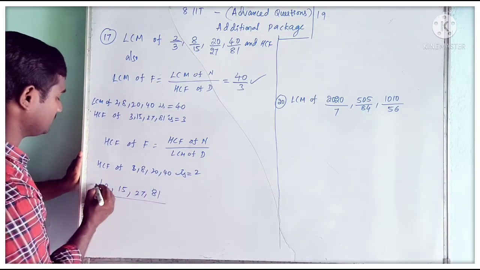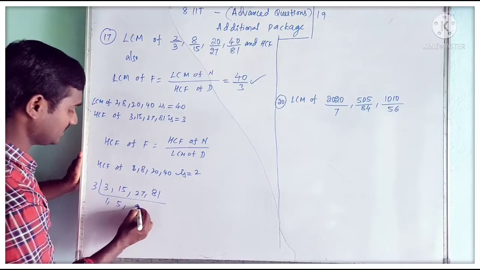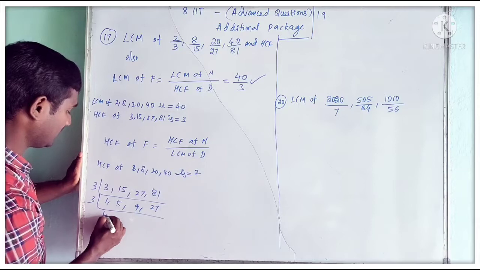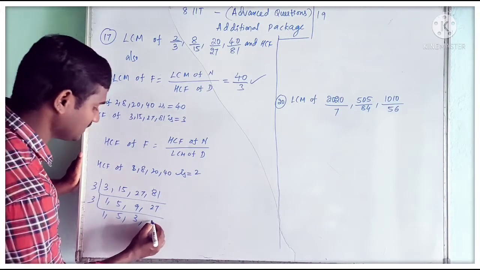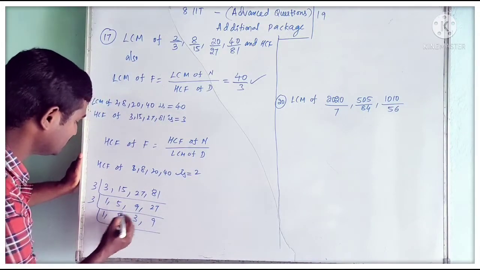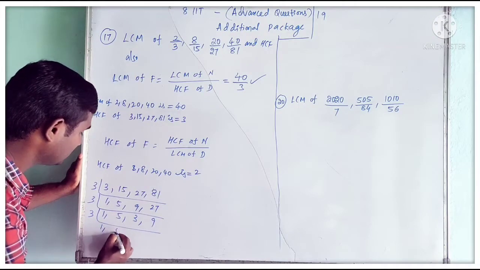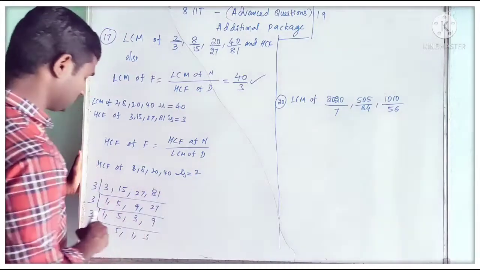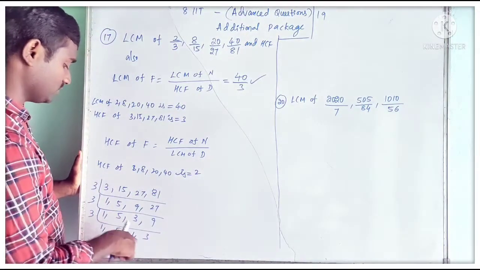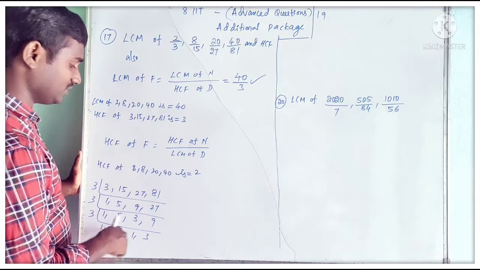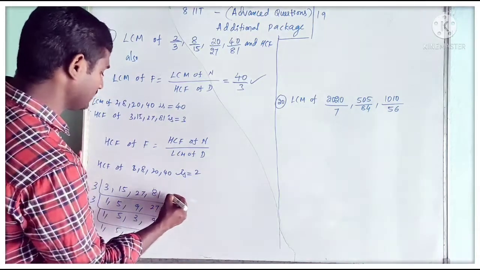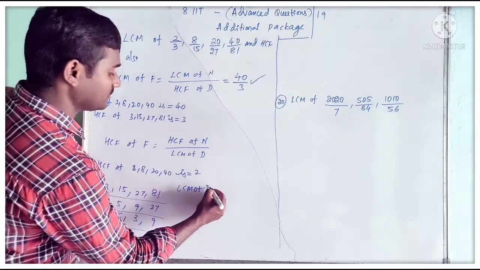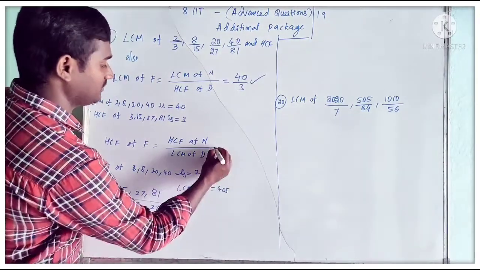So make an LCM: divide by 3, 1, 5, 9, 27, again divide by 3, 1, 5, 3, 9, again by 3, 1, 5, 1, 3. So multiply now: 3 into 3 into 3 is 27, 27 into 3 is 81, 81 into 5 is 405. So LCM of denominators is 405.